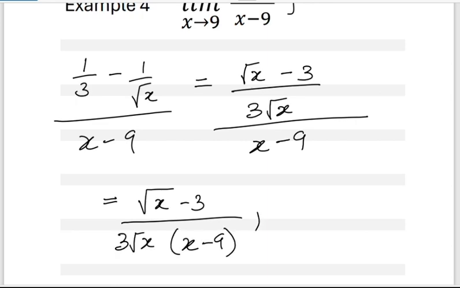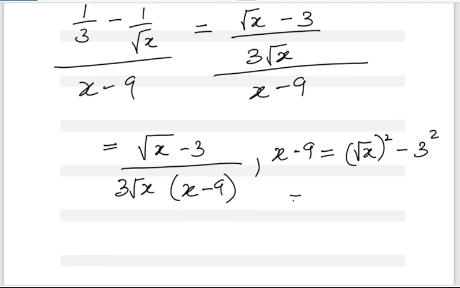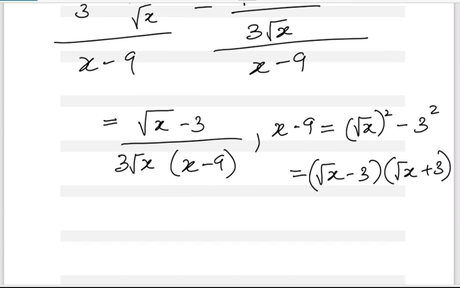But then what is x minus 9? This is same as square root of x squared minus 3 squared. So we can express this as square root of x minus 3 times square root of x plus 3. So let's replace this in this expression.